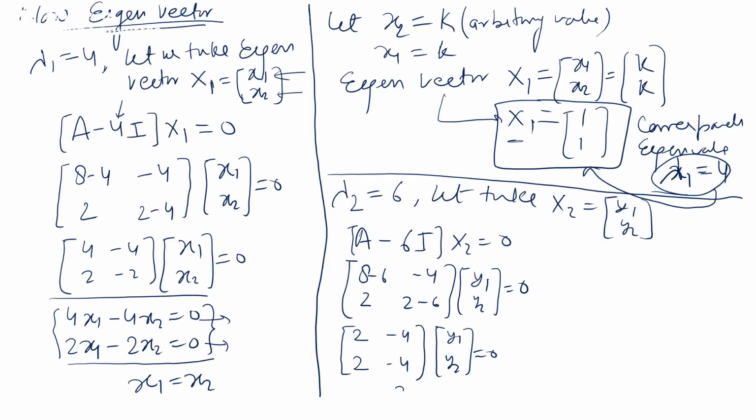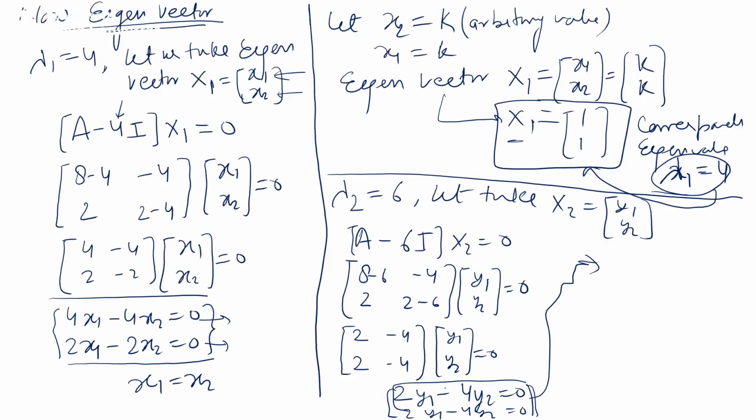We get 2 y1 plus minus 4 y2 is equal to 0, and the second equation again gives 2 y1 minus 4 y2 is equal to 0. On solving, because we already solved such a system, this is a homogeneous system, and here the rank of the coefficient matrix is less than the number of unknowns, so we can say it has a non-trivial solution, many solutions, or infinite solutions.